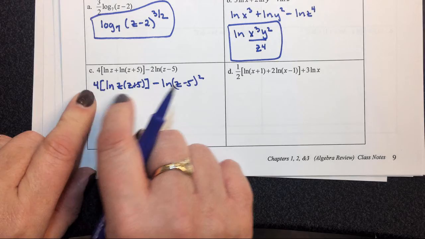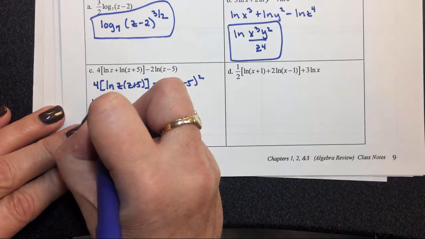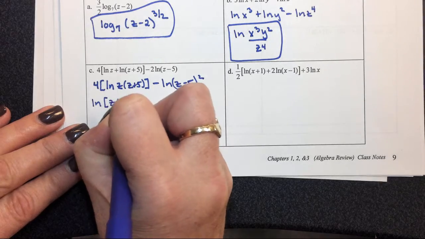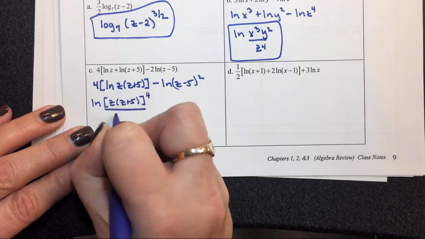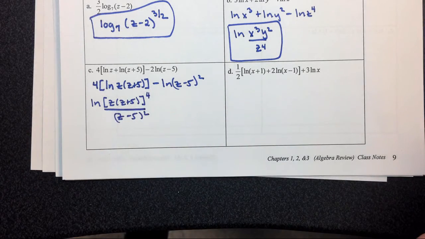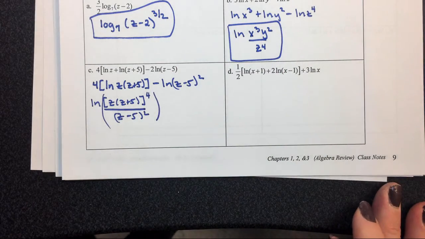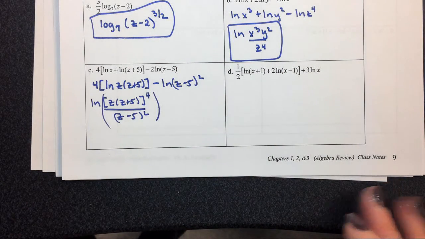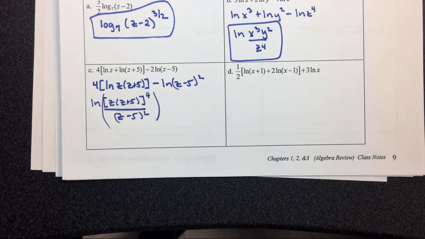So now what I can do is I can move my power 4. So I have the natural log of the quantity z times z plus 5, all raised to the fourth power, all over z minus 5 to the second. Remember, all of this is inside that single natural log. Obviously, if you had common factors, you could simplify it, but there's no common factors.